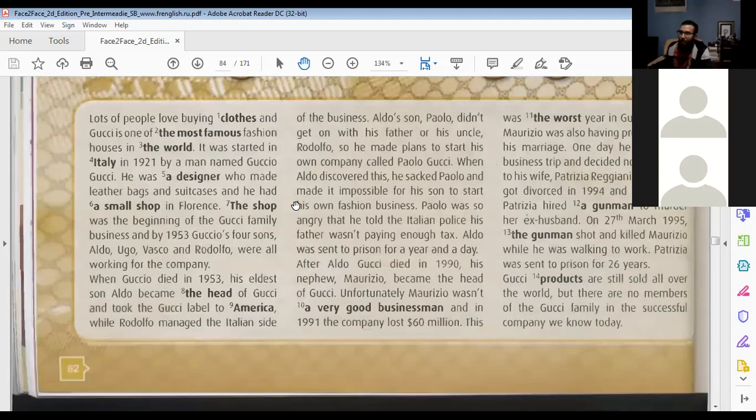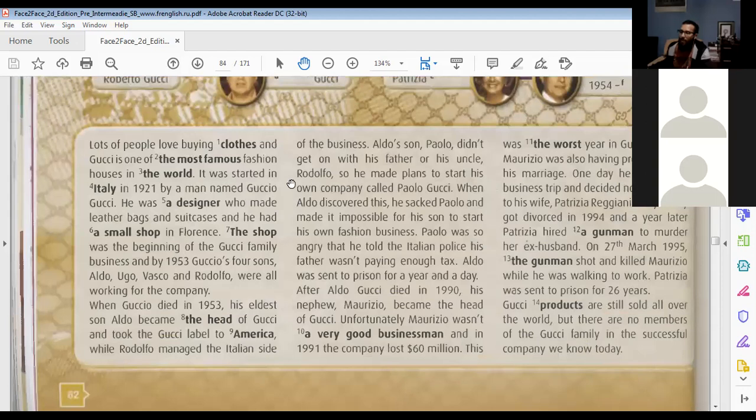Of course I want you to focus on the bold words, just the bold words. Can you see the bold words? Yeah, this is what I want you to focus on. So let me remind you very quickly. Designer, this is a job, we found it. Now I need you to find another example of a noun where we used the article a or an to talk about something for the first time.